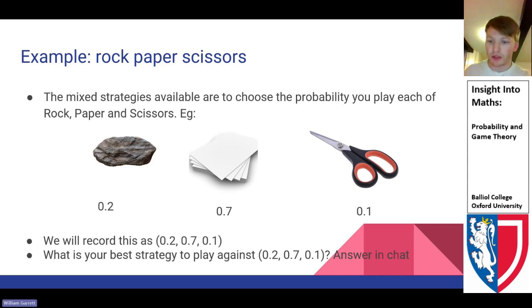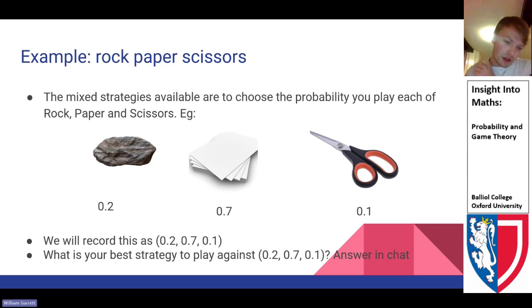Okay, so someone has said the probability we win is 0.7, the probability we lose is 0.2, and we draw otherwise, so 0.1. So what is our average score if we get 1 point for a win and minus 1 point for a loss? Yeah, someone has correctly said 0.5, which is the 0.7 chance we win minus the 0.2 chance we lose. So on average, if we played this game over and over again, we're winning 0.5 points per round.